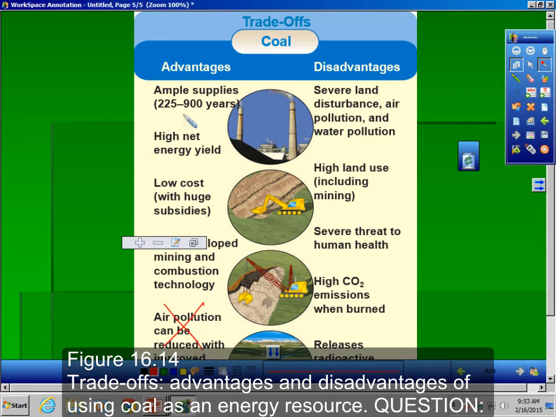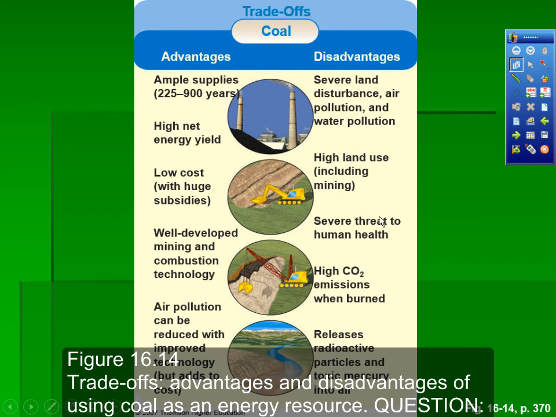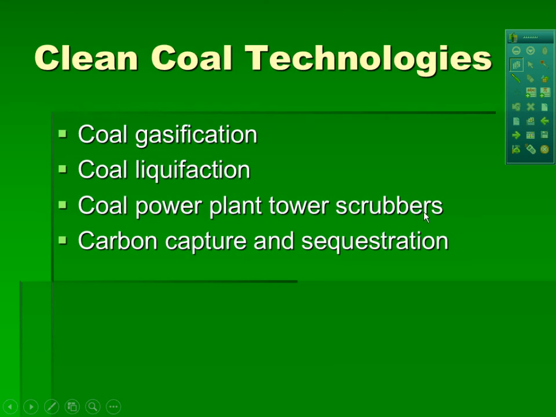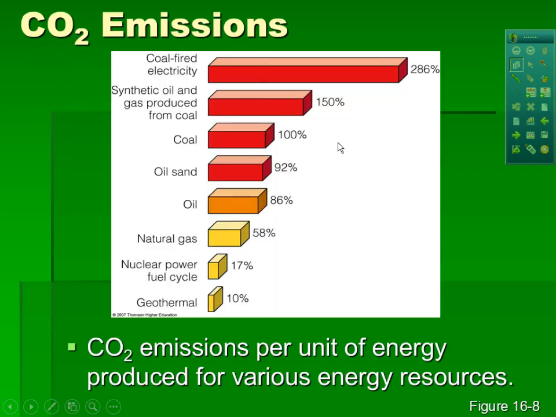But that's, again, my opinion. So the disadvantages are the mining, the air pollution, the water pollution, land use, health impacts, and then the carbon dioxide emissions. Okay, so there are technologies that are up and coming right now to work on making the emissions and the waste part of burning coal much less. And these are all included right here, so you guys can look these up. We're going to do some stuff about this later.